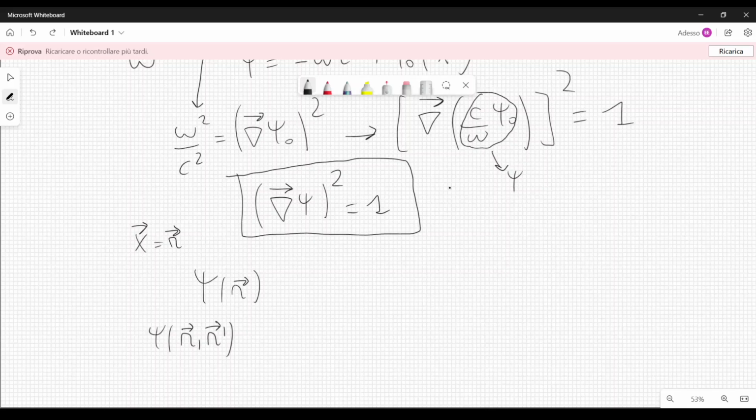Similarly, if r is assumed fixed, we again obtain an equation for psi of r, r prime. So basically what I'm trying to say is that we can consider this equation here, we can split it into two different equations. So one equation, we take the gradient with respect to r, the coordinates of r, so we get this equation here, the gradient with respect to r of psi squared equal to 1, and then we can also consider an equation of this kind, gradient with respect to r prime of psi squared equal to 1.